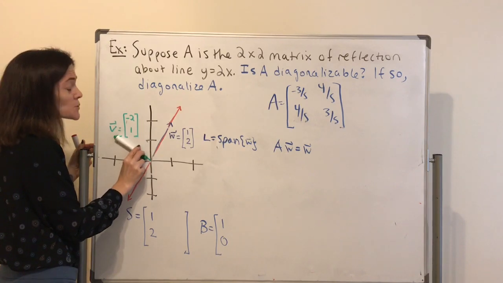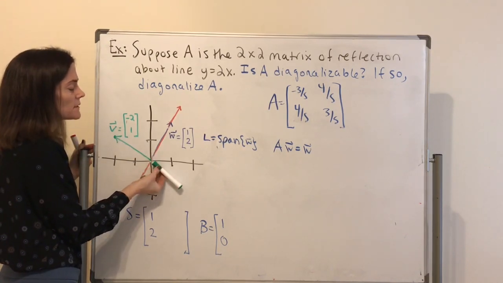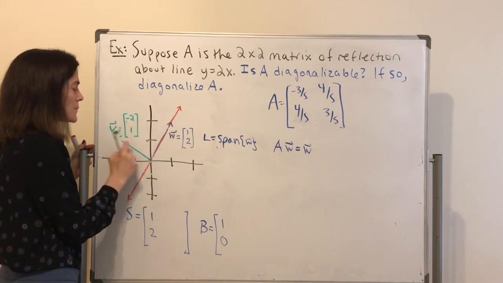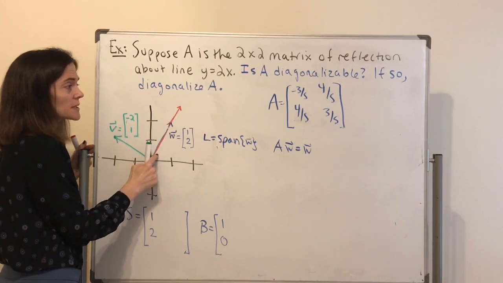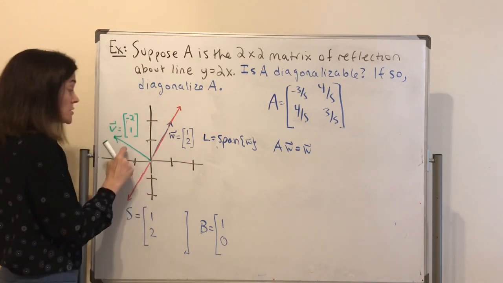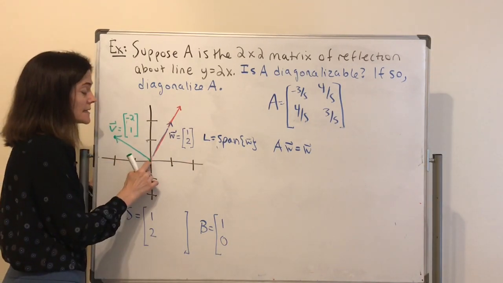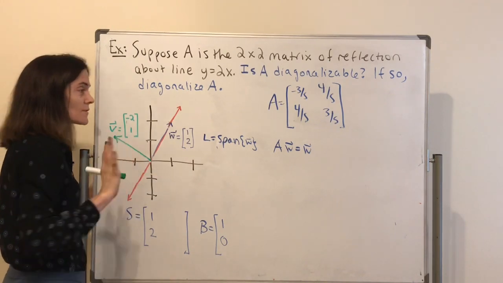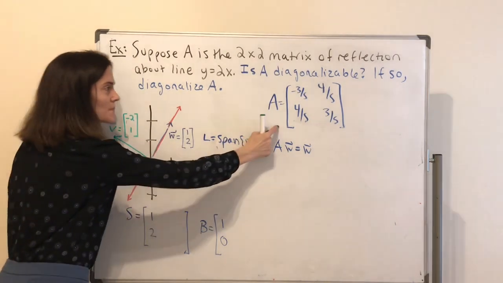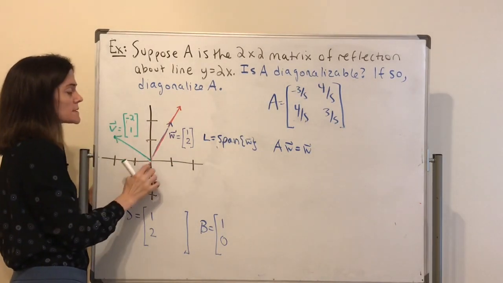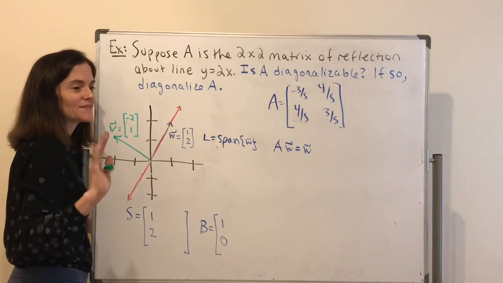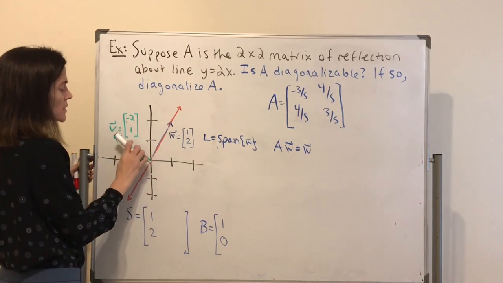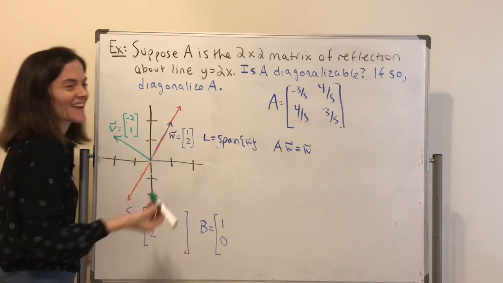When you reflect, you get negative. In fact, because this vector is perpendicular to the line, the formula for reflection, you take 2 times the projection, that's 0, minus the vector. So in fact, you can look at the formula, or you can take this matrix times this vector, and you will see it maps to negative itself, which would be 2 minus 1 here. You can also just think about reflection, okay?